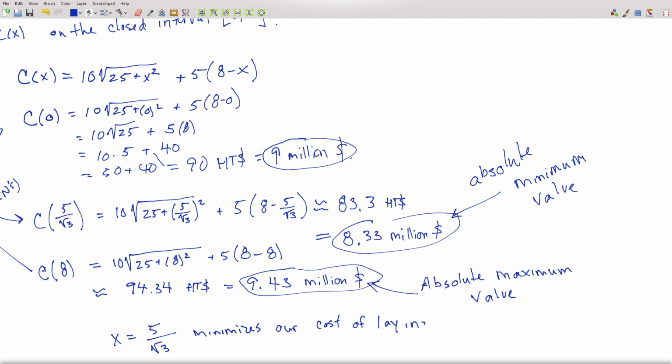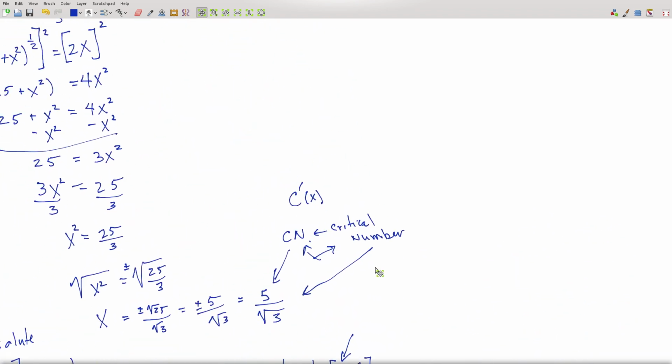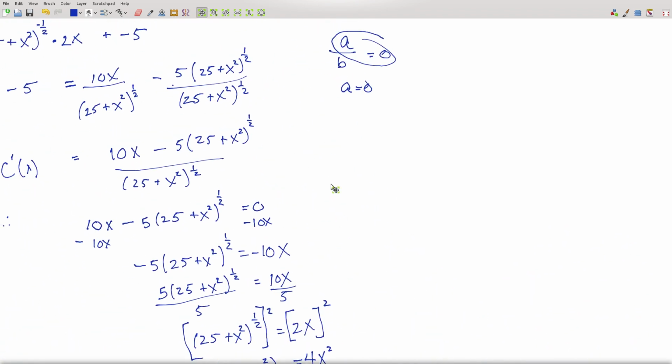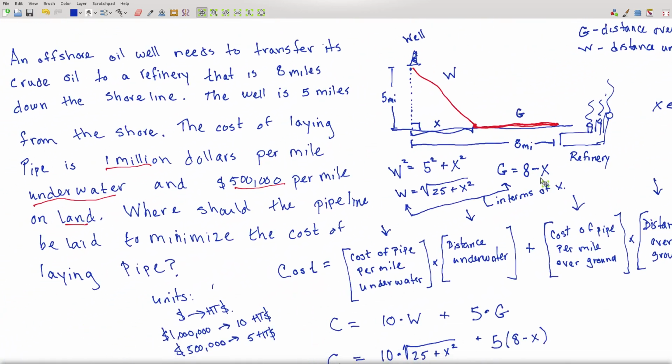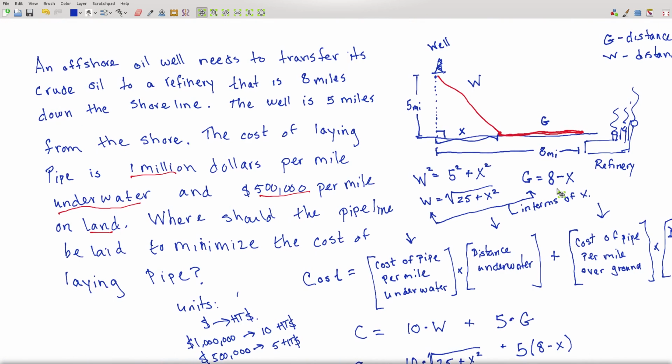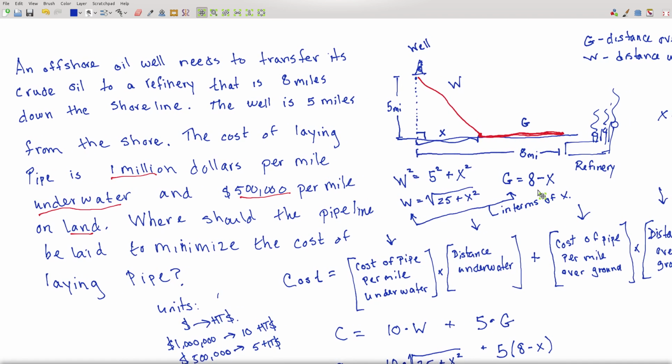I want to make sure that I'm answering the question that they're asking. I think this is a pretty good answer, but we may need just a little adjustment. So I'm going back to the problem and my diagram. Here's the problem and the diagram again, and it is asking where should the pipe be laid to minimize the cost of laying the pipe.